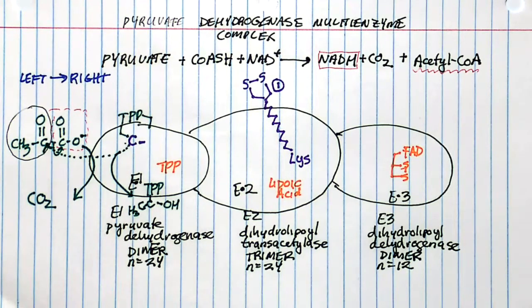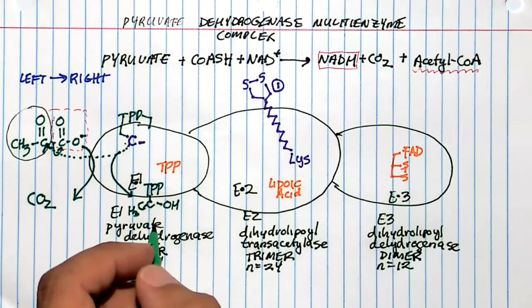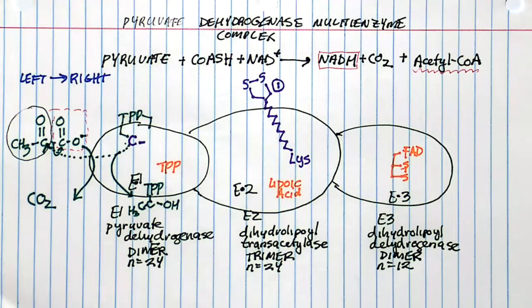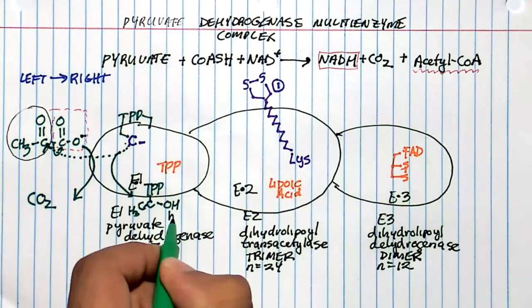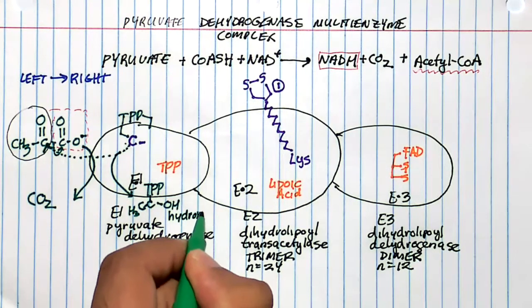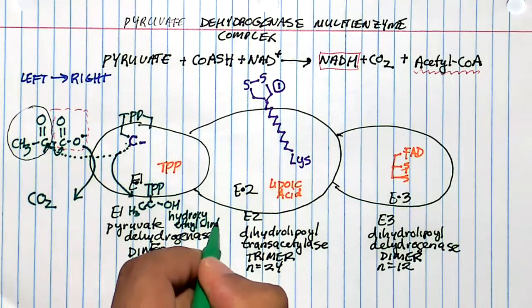So you have a hydroxyethyl intermediate where TPP carries this acetyl group as a hydroxyethyl intermediate. So this is the hydroxyethyl intermediate conjugated to TPP.